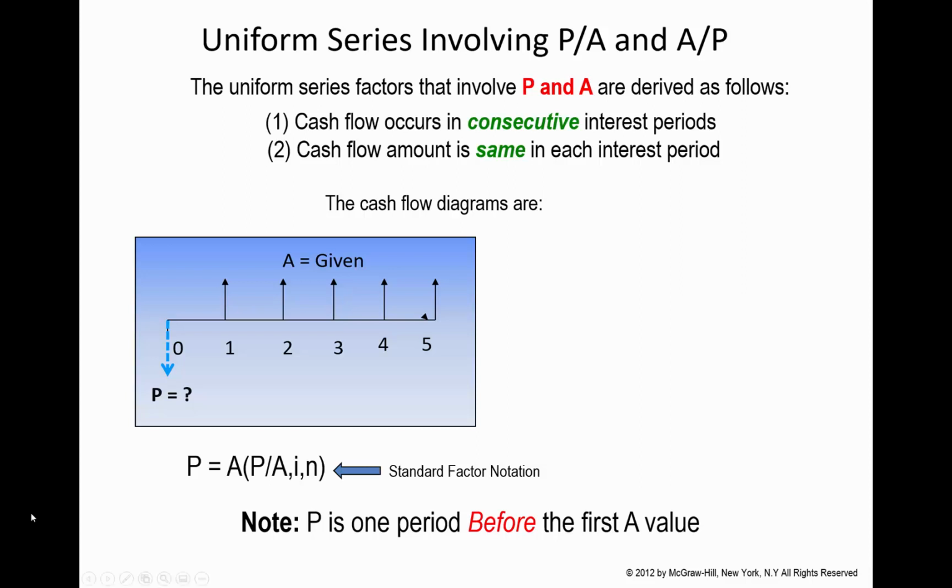So P/A, remember, means find P given A. And that's a hint that what's going to be in the brackets is a ratio of the present value to the annual amount. And so if you know the annual amount and multiply it by that ratio, by the factor that you can either calculate with the formula or look up in the back of the book, once you have that factor and multiply it by A, then that tells you the present equivalent.